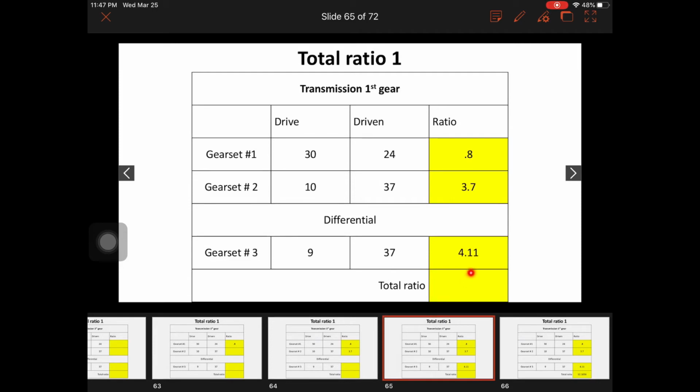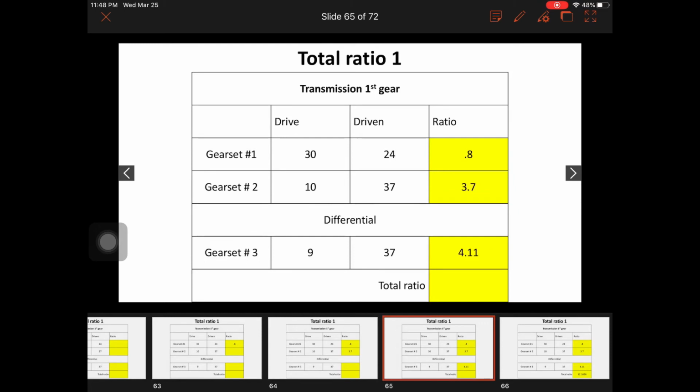So this part here is not different from anything you've already done. The only difference is we have one more calculation. Instead of just multiplying the ratio of the first gear set and the second, we're going to do that multiplication, and then we're also going to multiply that by the third one.